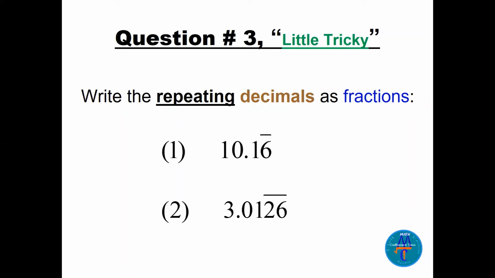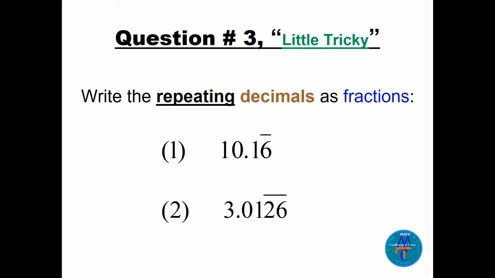I put here 2 numbers. Both of them are a little tricky. Let's see, 10.16 repeating. So this is 10.16666666. The repeated part is 666, but there is one digit after the decimal point not repeated. So we cannot use the method which I explained in question number 2.